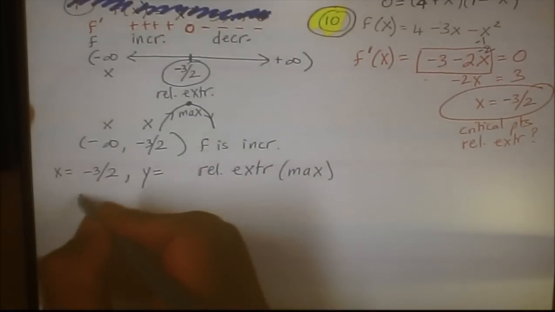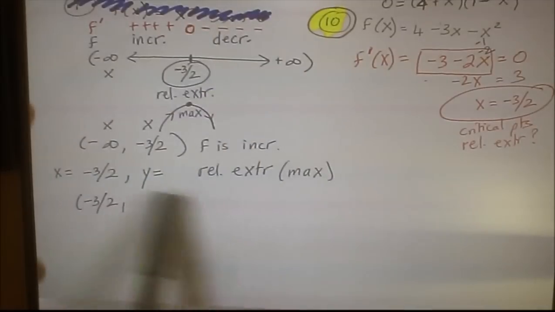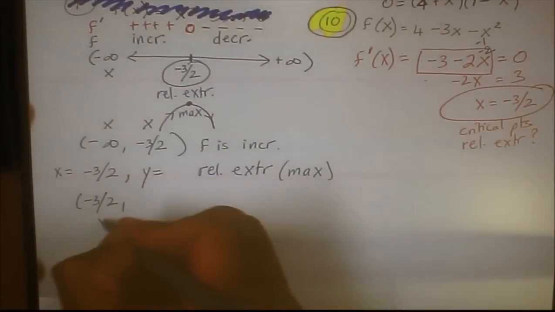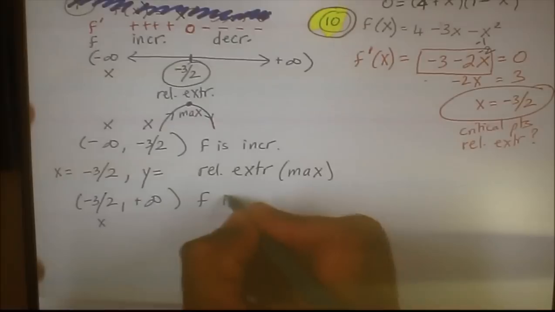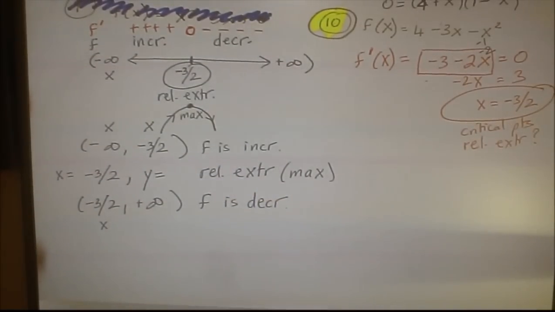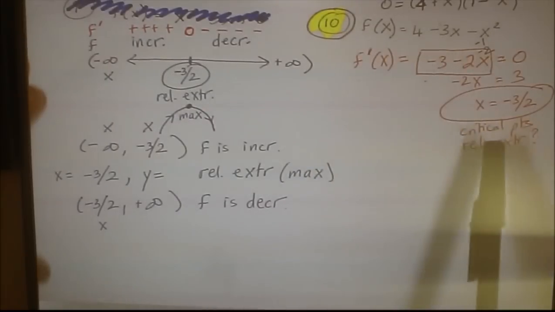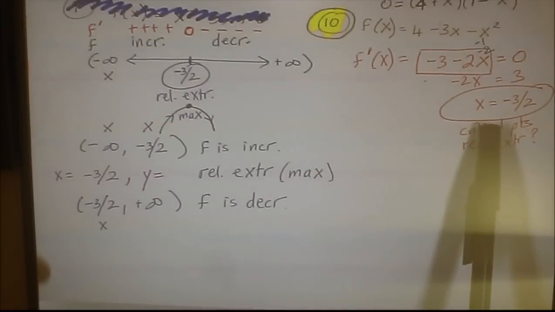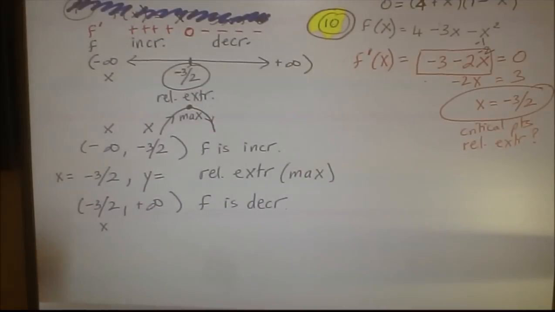And then from negative 3 over 2, I'm essentially just translating my sign chart into interval notation. From negative 3 over 2 up to positive infinity, I know that my function f is decreasing. And that is really the power of the derivative. It helps you to figure out critical numbers, which then helps you to analyze the function in its entire domain. And that is step 3 and the final part of this process.